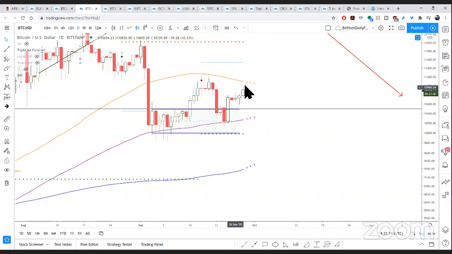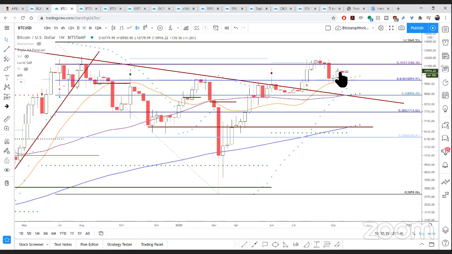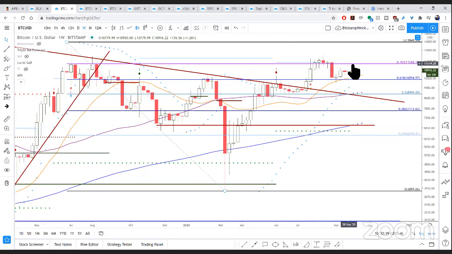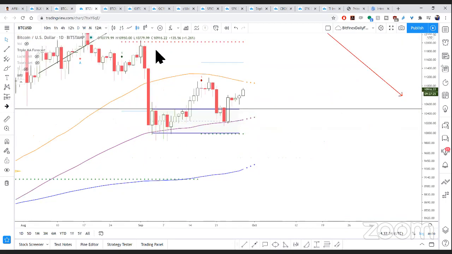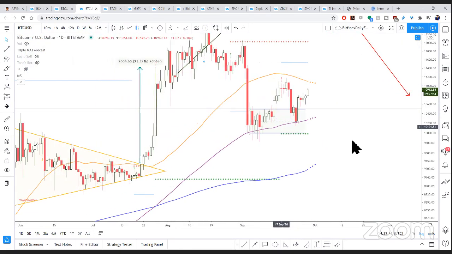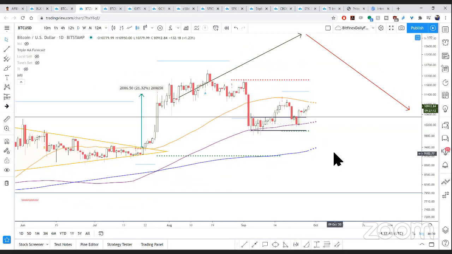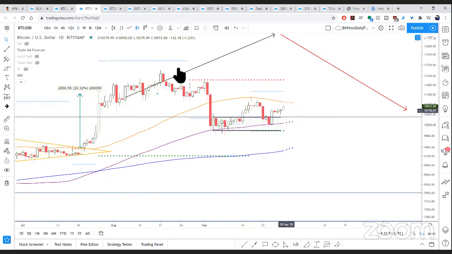So right now, for me, this is once again a no trade zone because we are coming up at a very critical juncture. Now, if we can break above 11,000, say above 11,100, I then become bullish. And that gets me very close to getting above 11,500, which makes me bullish on a weekly scale. But right now, my weekly is neutral, and so is my daily. So they're both neutral.